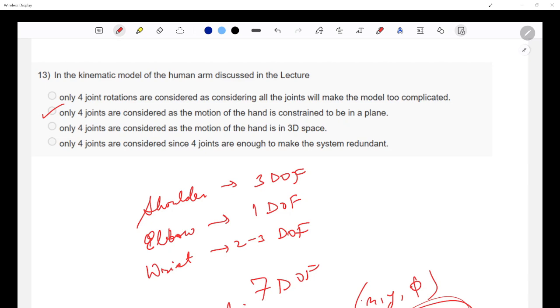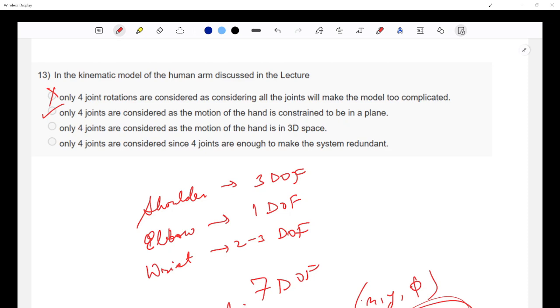The option that says only 4 joints are considered because the full model is complicated, while simplification is true, this is not the reason what we have studied. The real reason is the planar constraint, so it is wrong. The fourth option, only 4 joints are considered as the motion is in 3D space.